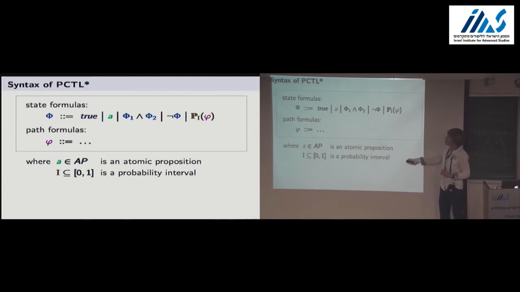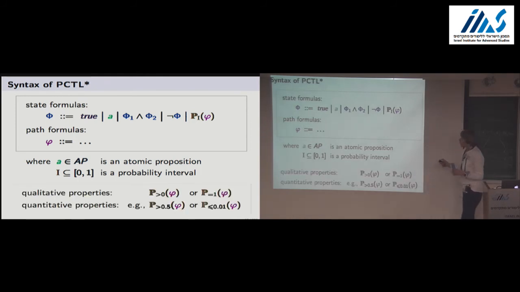One is I, which is simply a probability interval, an interval contained in [0,1]. Not stated here, typically the requirement is that the interval bounds are rational numbers. And this phi here, this violet phi, is a path formula specifying a condition that a path might or might not satisfy. We come to this in a second.